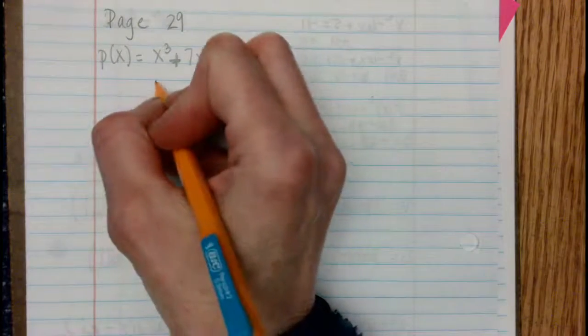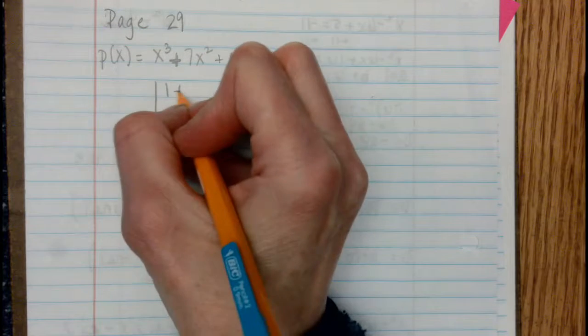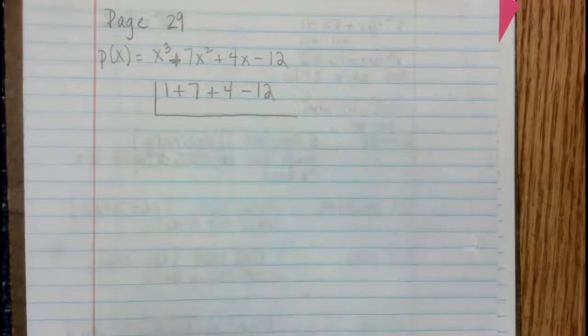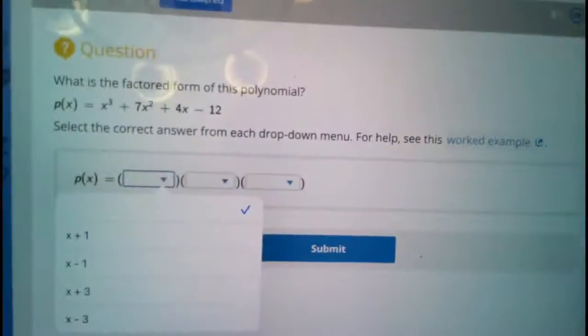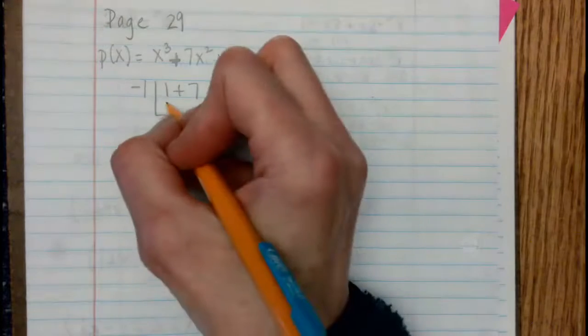if we do synthetic division, you get 1, 7, 4, negative 12. Because I'm trying the first option, which is x plus 1, I'm going to divide by negative 1. So we carry down the 1.